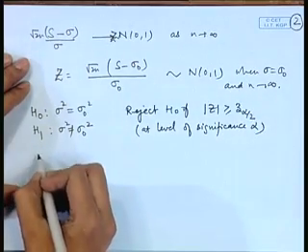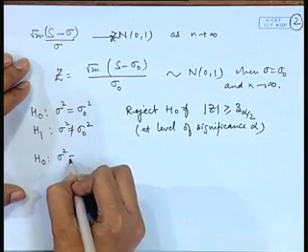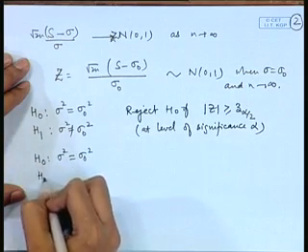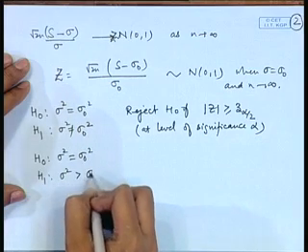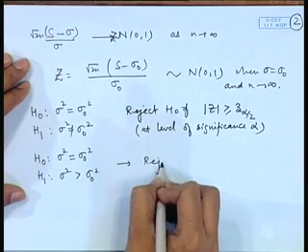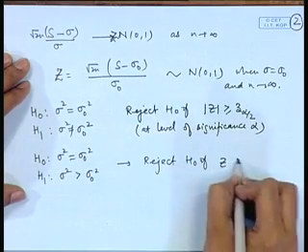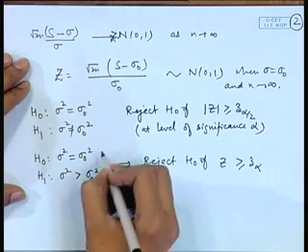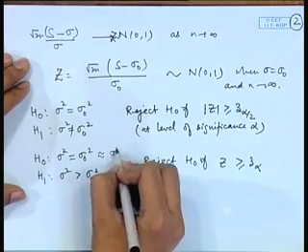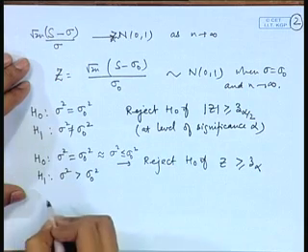Similarly, we can write one sided test. For example, if I have H naught sigma square is equal to sigma naught square against say sigma square is greater than sigma naught square, then we will reject H naught if z is greater than or equal to z alpha. Of course, this hypothesis is equivalent to writing sigma square is less than or equal to sigma naught square.